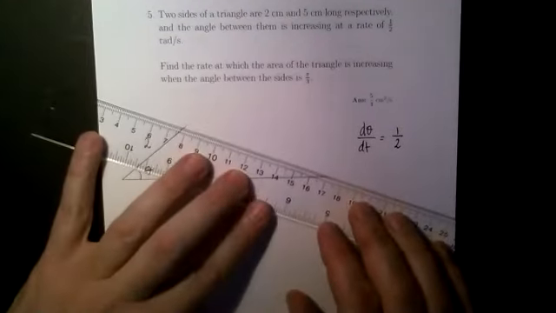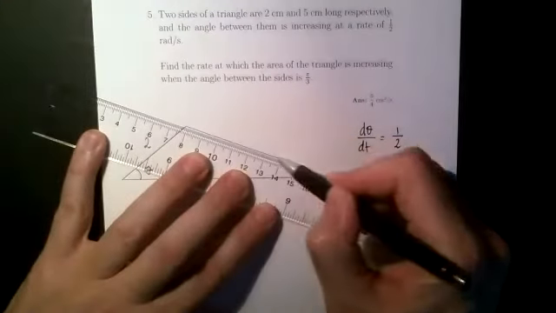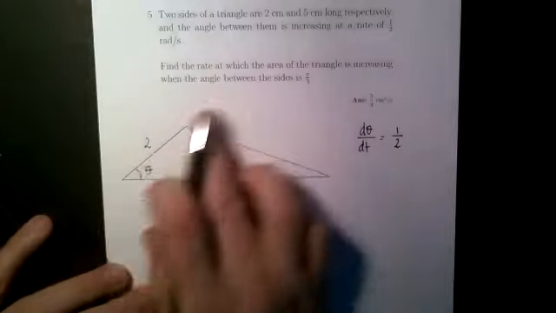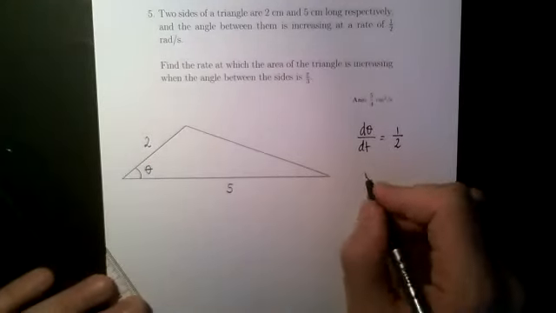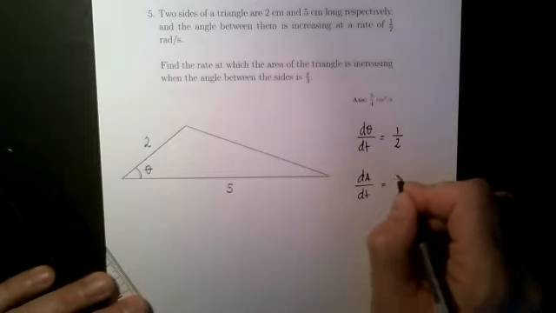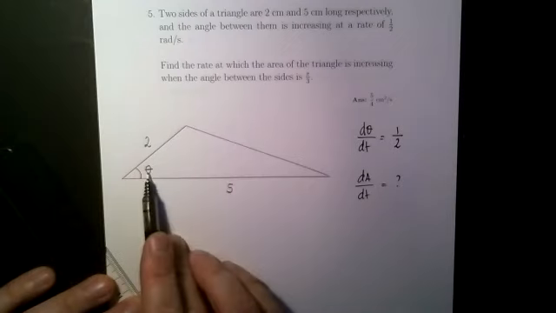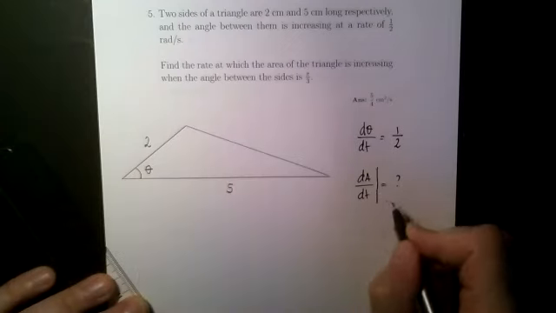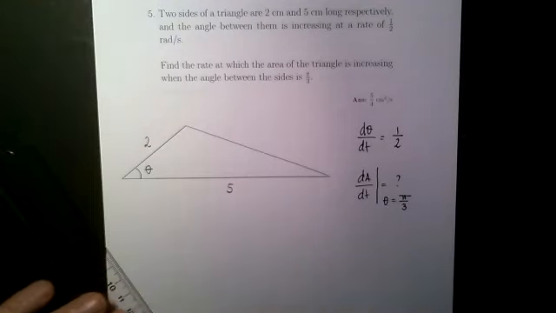Find the rate at which the area of the triangle is increasing. So we're looking for this triangle here. We want to see at what rate this area is increasing. So basically, dA dt is equal to what, when the angle theta is 60 degrees, so when theta is pi/3.